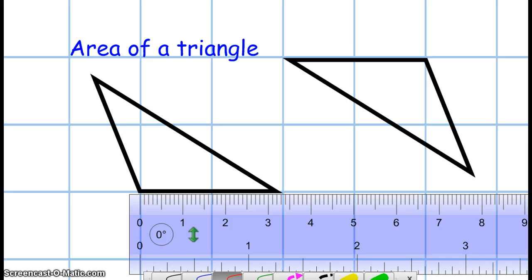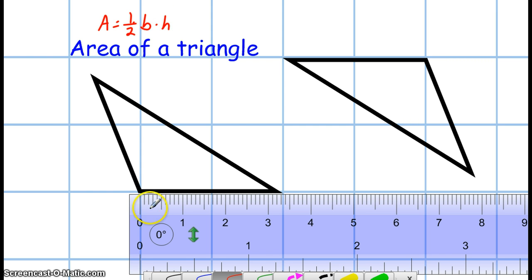Here we're given an obtuse triangle. There is no right angle given. There are not even measurements given. We're just given a ruler, but we can find the area. Now recall, the area is equal to 1/2 of the base times the height.